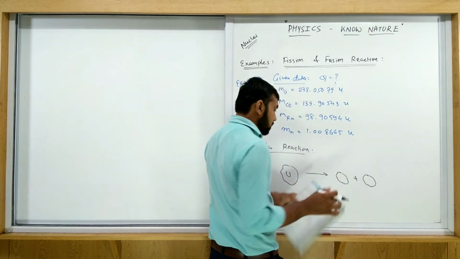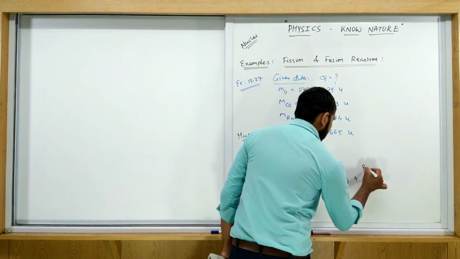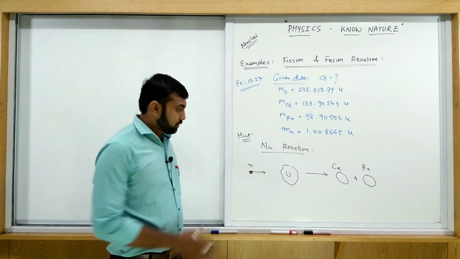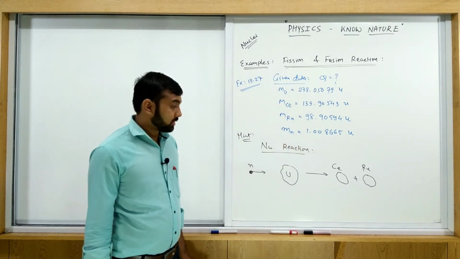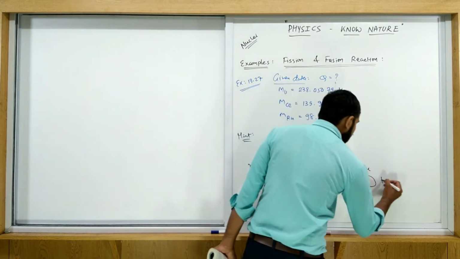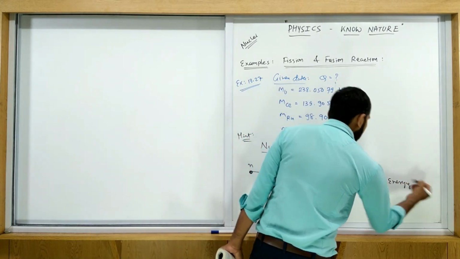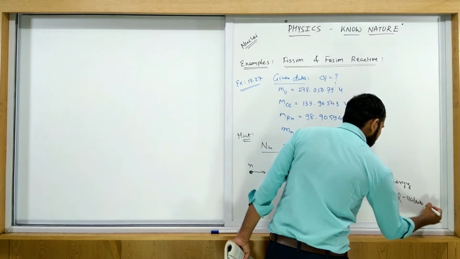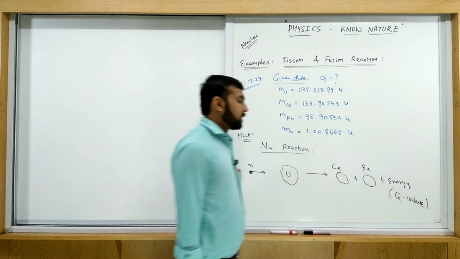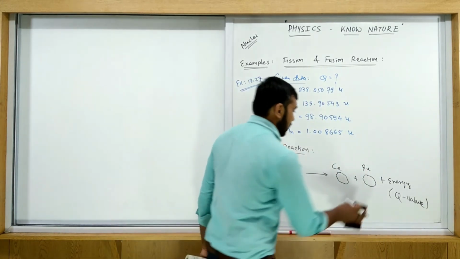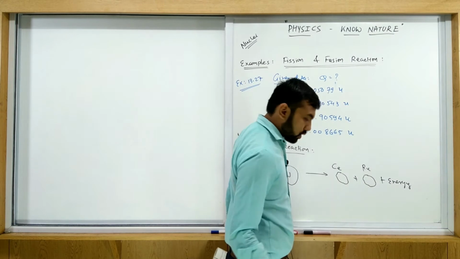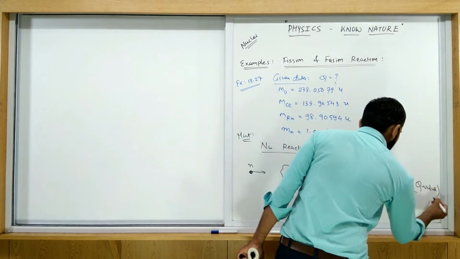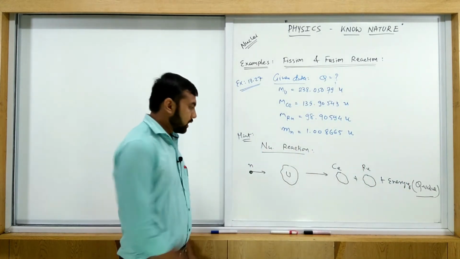The uranium is transformed into two fragments, and with this some energy is released. This energy is the Q value of the reaction.